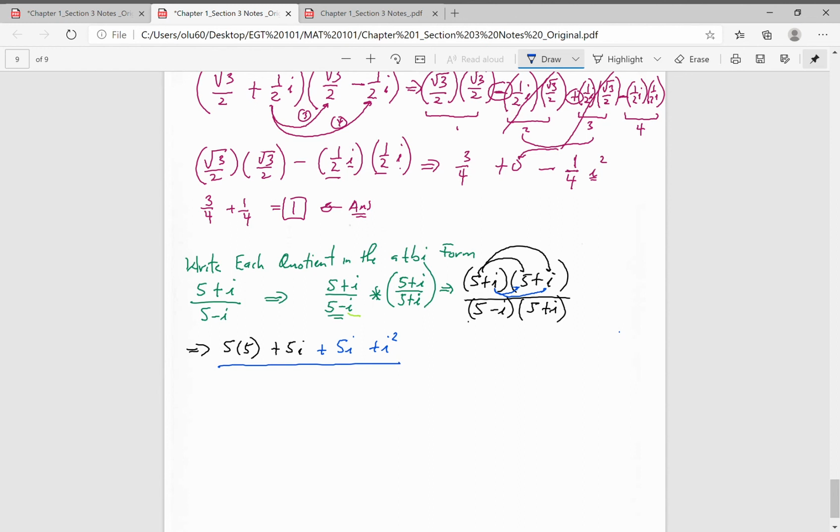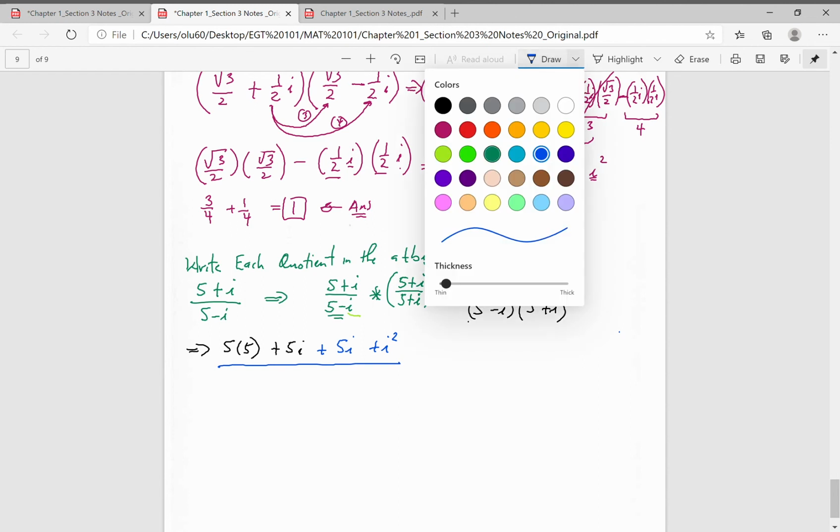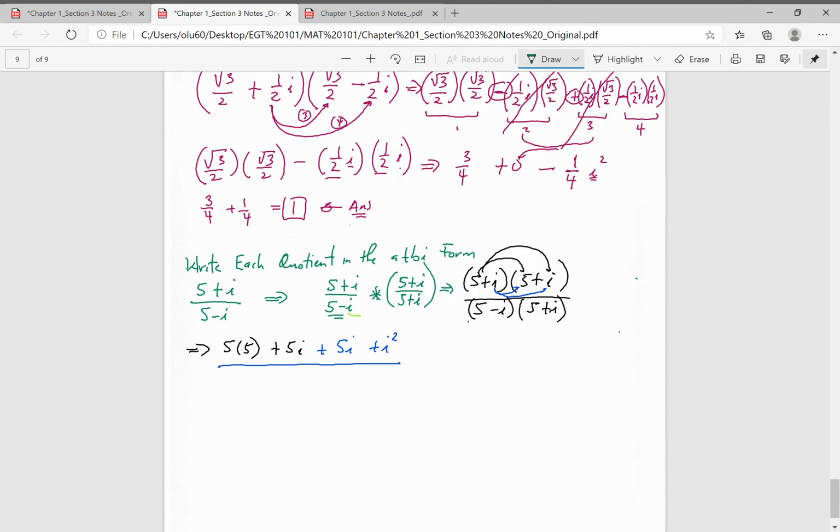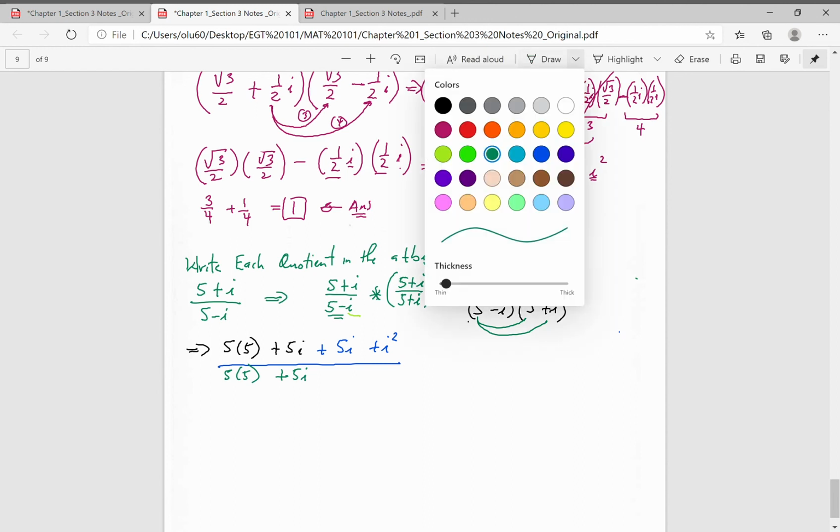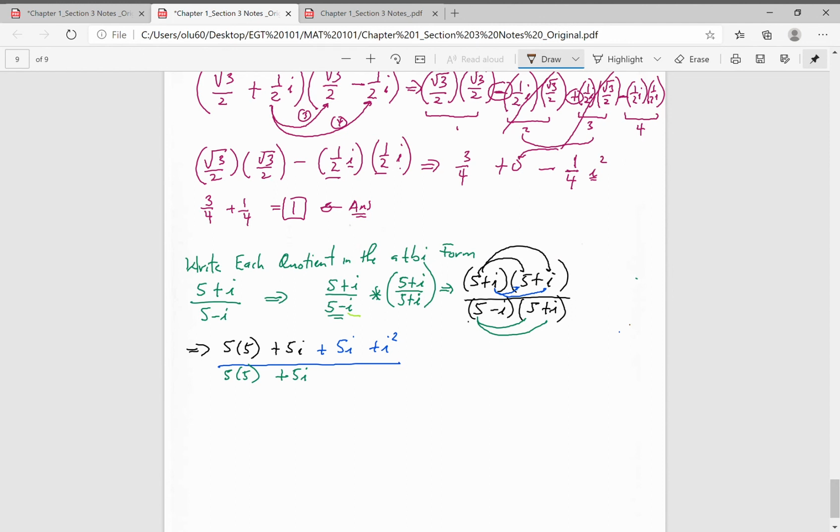Now we go to our denominator. 5 times 5, 5 times i, then negative i times 5, that's negative 5i, and then negative i times a positive i, which is going to be a negative i squared.